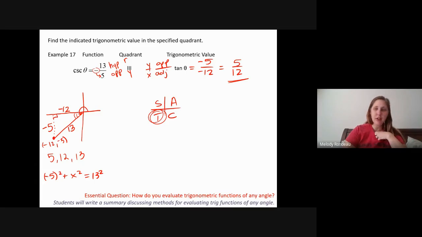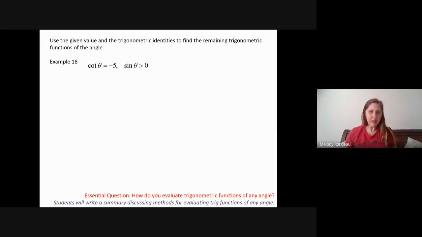Now we're going to change directions just a little bit. It's still basically the same thing, but they're giving us different information to start with. So they tell us the cotangent is negative 5. The first thing I'm going to do before I go any further is make that a fraction. Remember, all of these trig functions represent ratios. So that's going to maybe help me to see something in a minute.